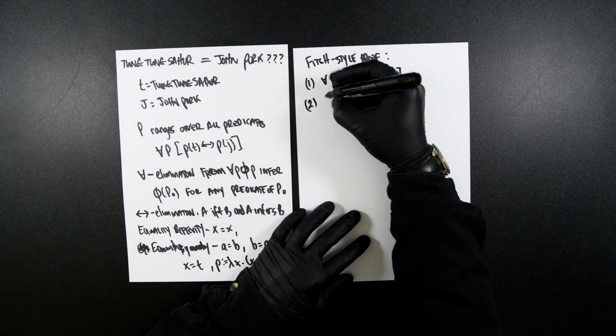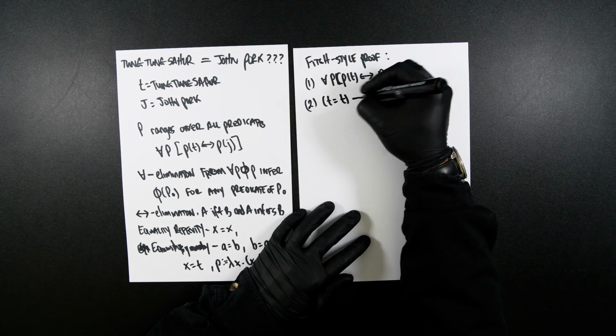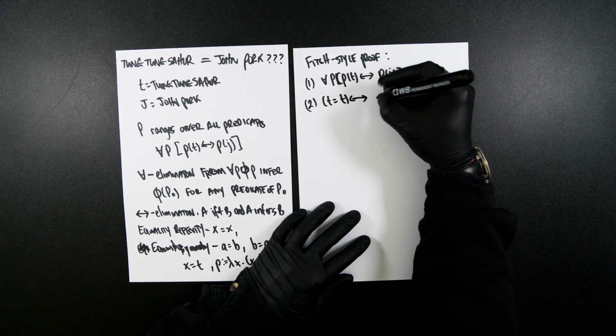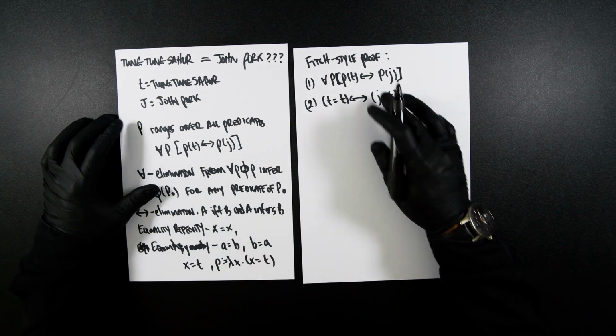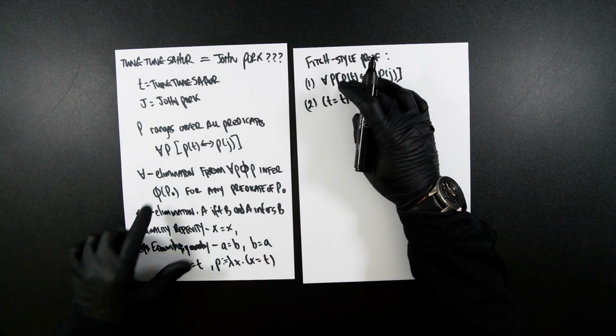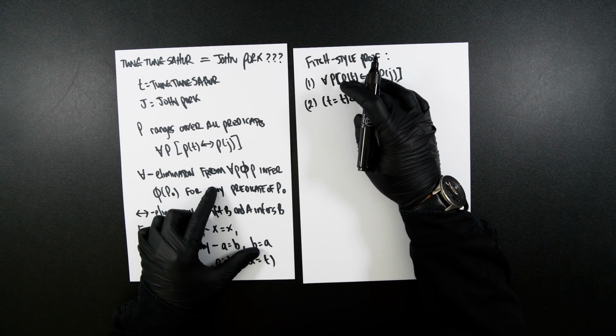So number two, we're saying t equals t, if and only if j equals t. So from 1, by using this elimination, we instantiate, God, why can't I pronounce that?